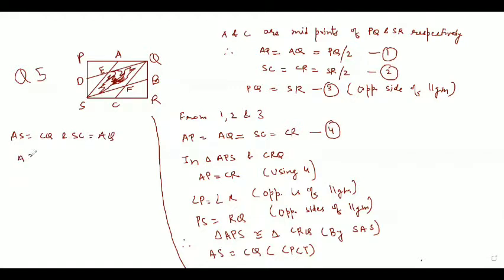therefore, ASCQ is a parallelogram. Now, if ASCQ is a parallelogram, we can write AS parallel to CQ and ES parallel to FQ.